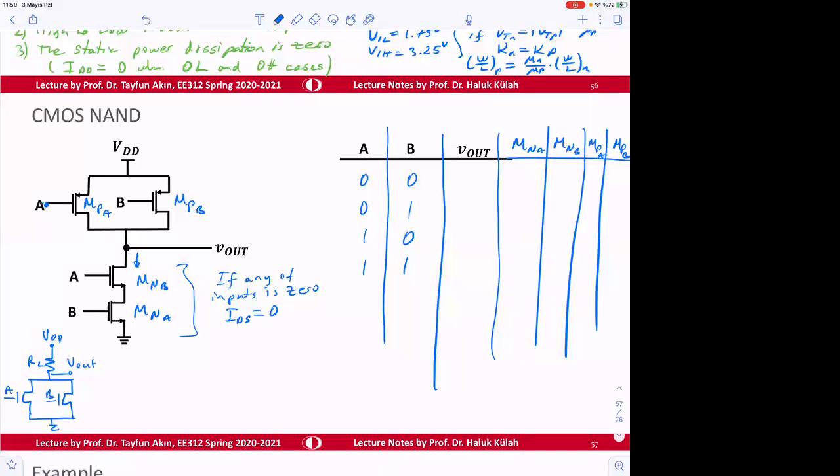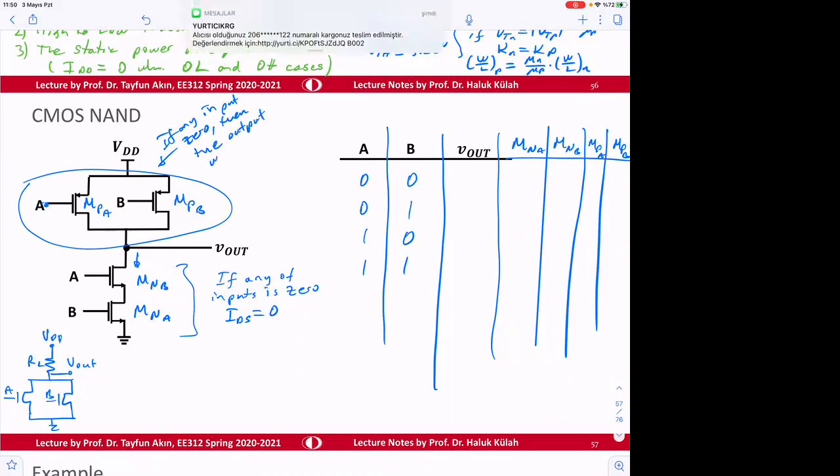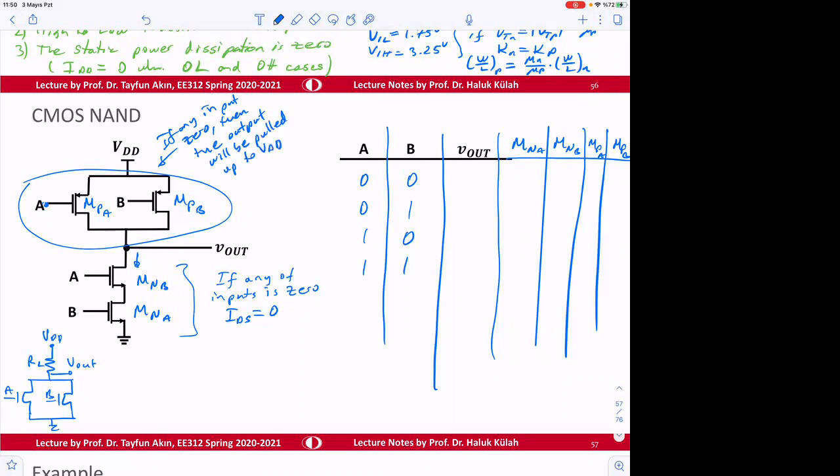So if any input is 0, then the output will be pulled up to VDD.